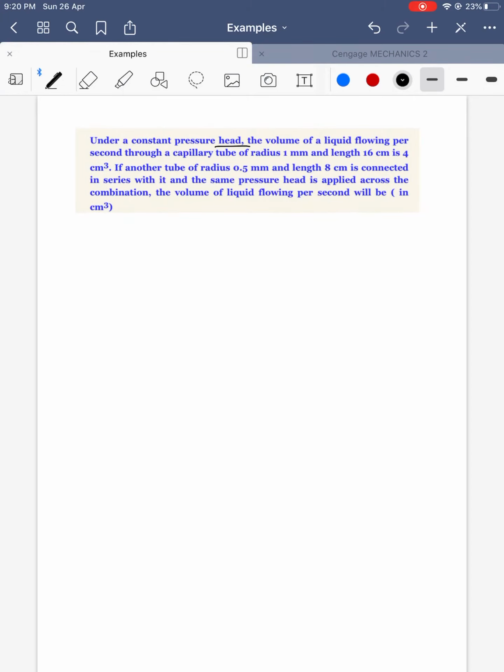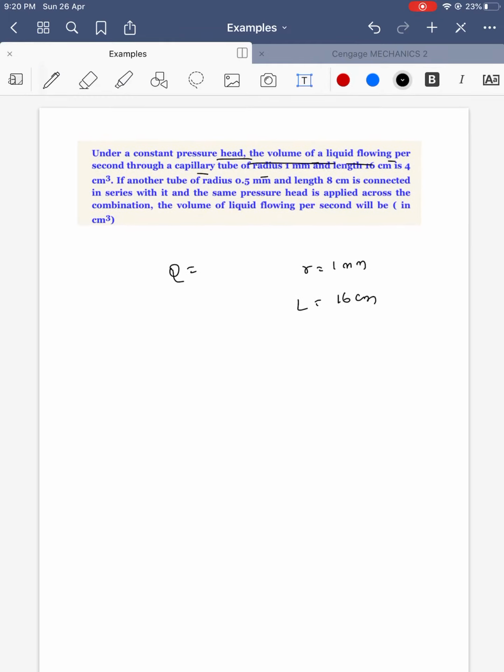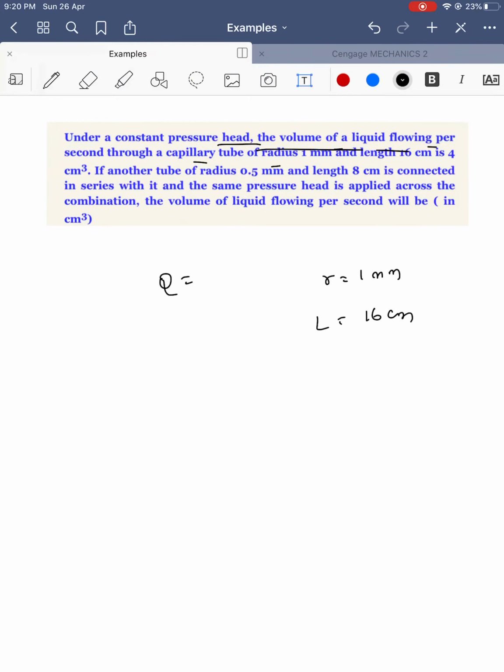Under constant pressure head, the volume of liquid flowing per second is Q. The radius r is 1 millimeter and the length is 16 centimeter. The volumetric flow rate is 4 centimeter cube per second, as he said, flowing per second.